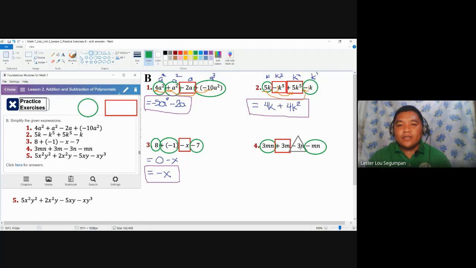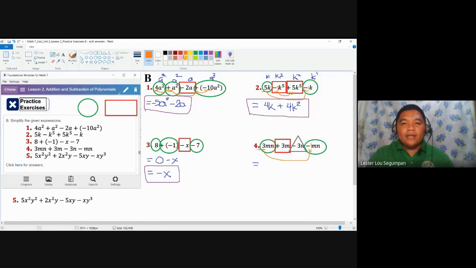The second and the third term cannot be combined neither to the first nor to the last, and they cannot also be combined with each other because they are different. That's why they have different figures with different colors. So the final answer here, let me use blue, is the combination of this. So we will use again the numerical coefficients only. 3 minus 1 because it has a 1 here.